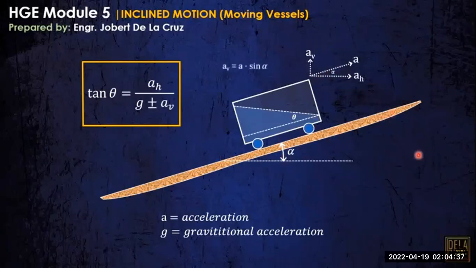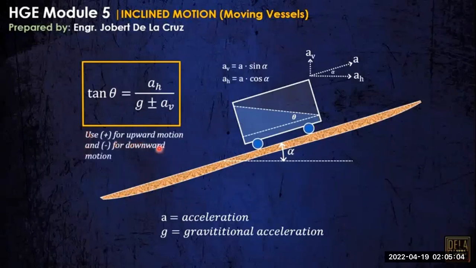Then, we can have the components. So, a sub v is equals to a sine of alpha. And the acceleration horizontal is equals to a cosine of alpha. Okay, so remember the notations. Alpha here is the angle of inclination of the ground.